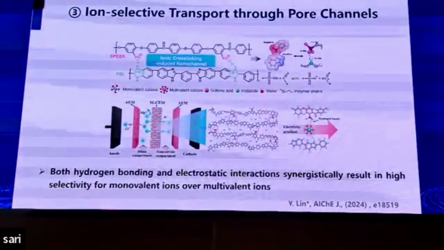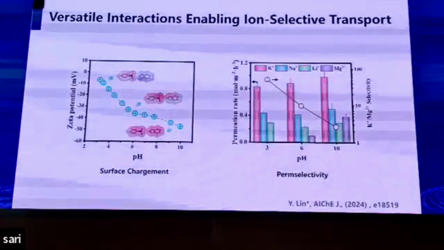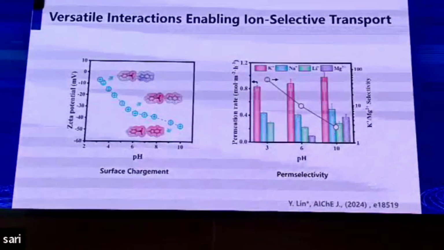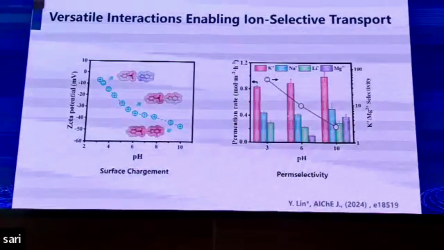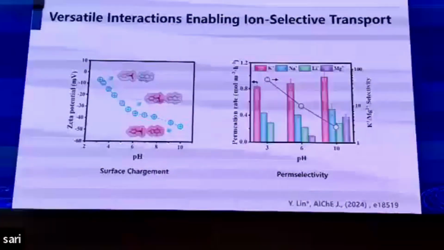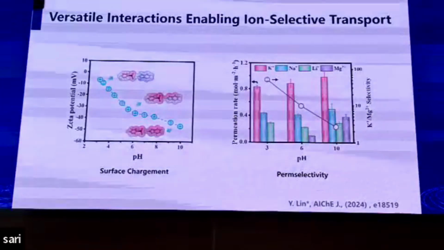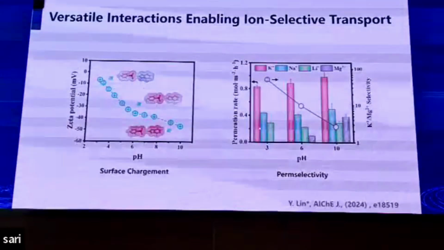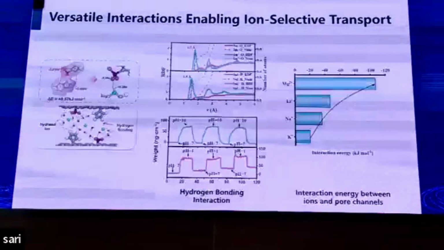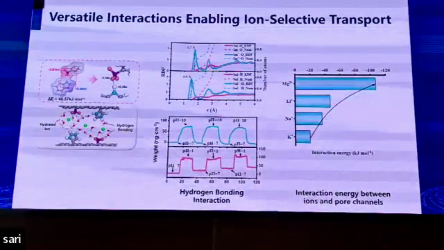So we made some demonstrations. By tuning the pH values, we can see the selectivity increased because of the positive charge. However, we also found that by changing the polarity of the membranes, the water-grabbing capability increased.